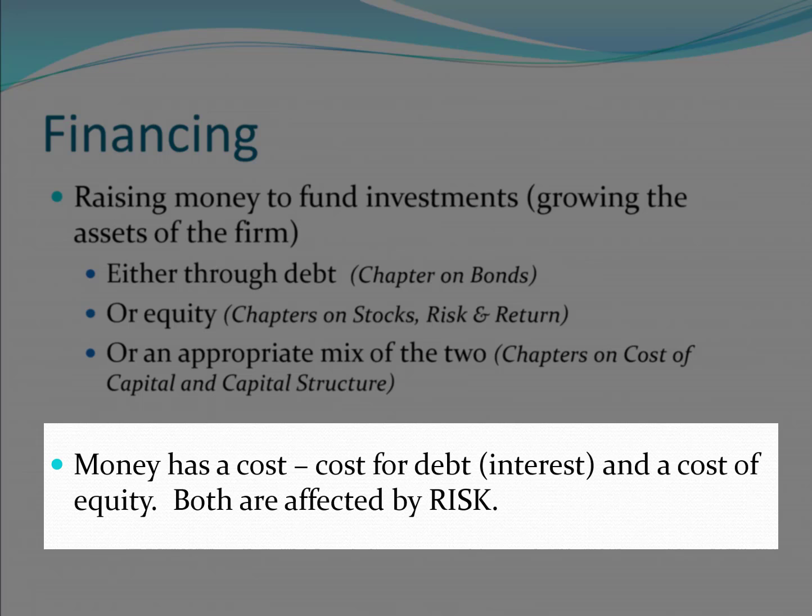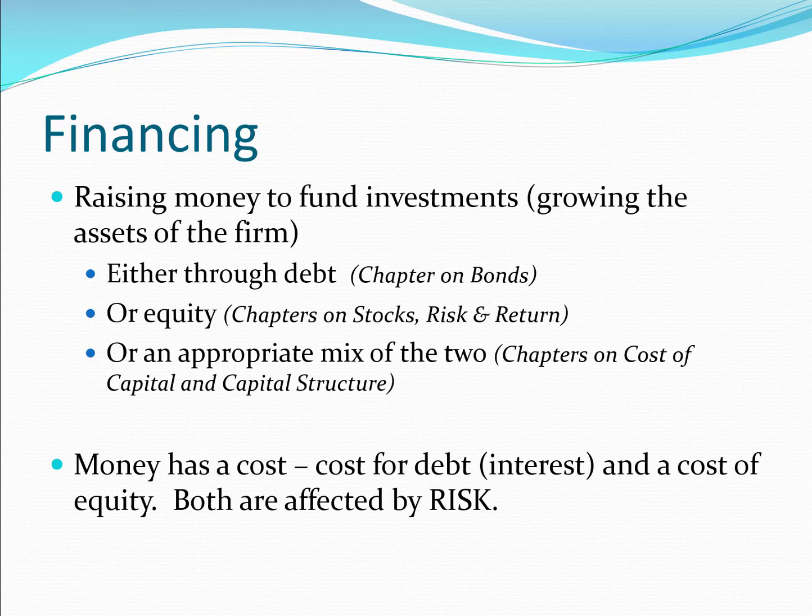Anytime you raise money from people, giving them part ownership in the firm, there's an expectation that they will be getting cash flows from their investment. And those cash flows are going to generate a return, and that return is the cost of equity. Now, a big idea that we're going to look at much more over the course of this class is that both the cost of debt and the cost of equity are affected by risk.